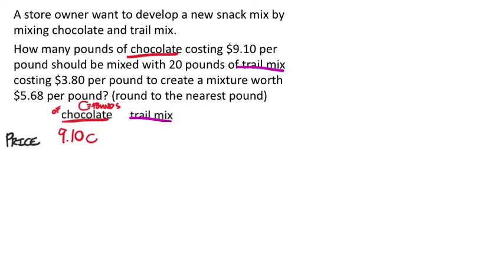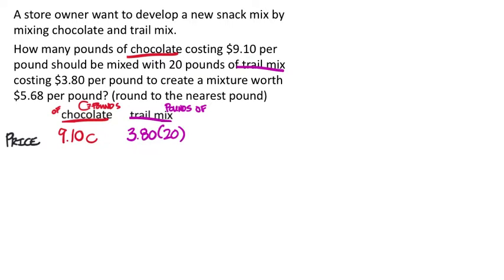But then we have the trail mix, which, again, I want to use Y, but we'll use T. That will be pounds of trail mix. If I wanted the price for the trail mix, it says we got $3.80 for every pound of trail mix, but it also says we're using up, oh, I apologize, I do not need T on here for my trail mix.